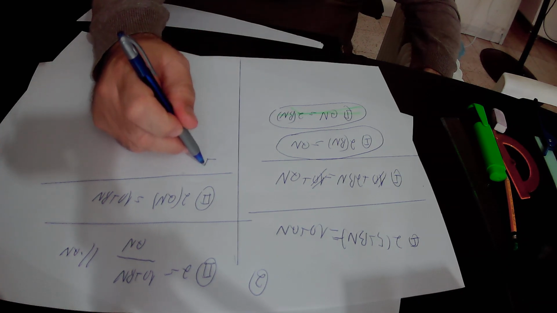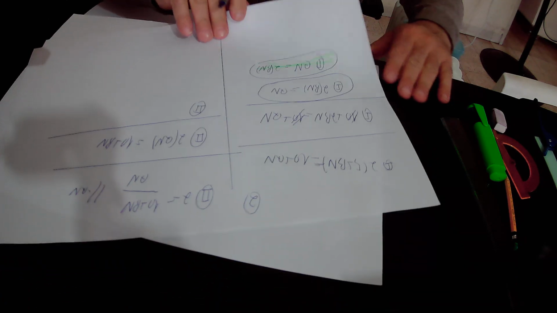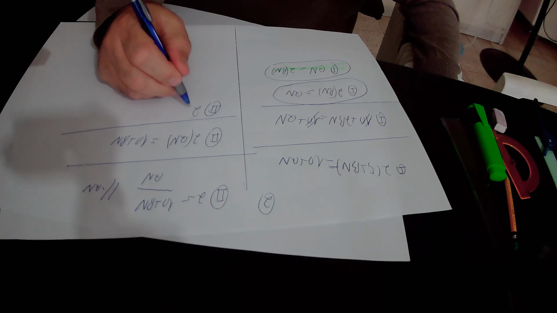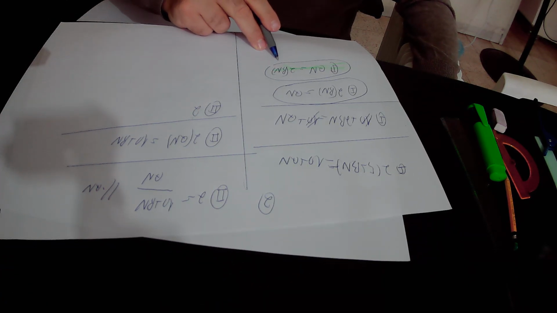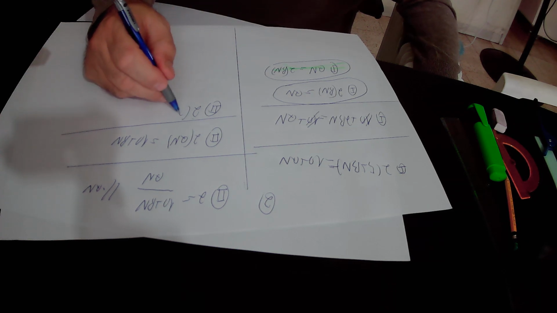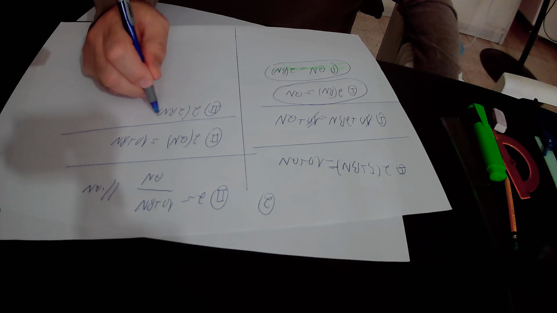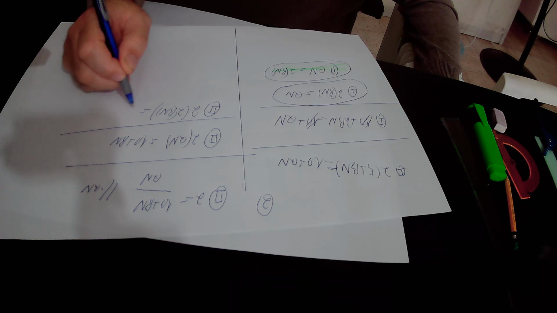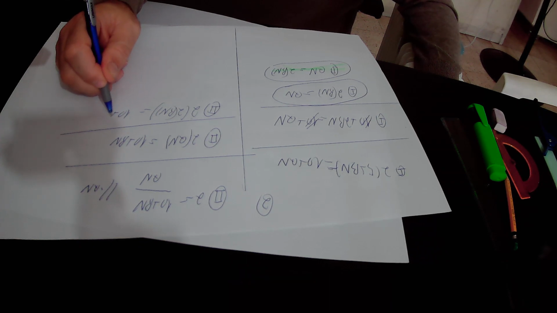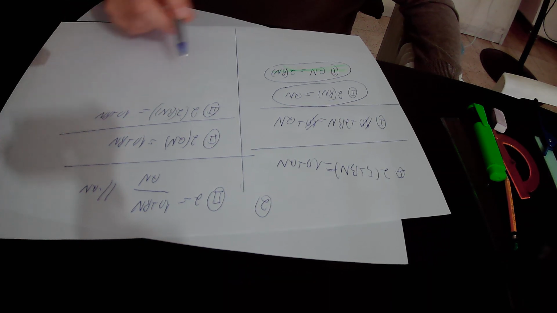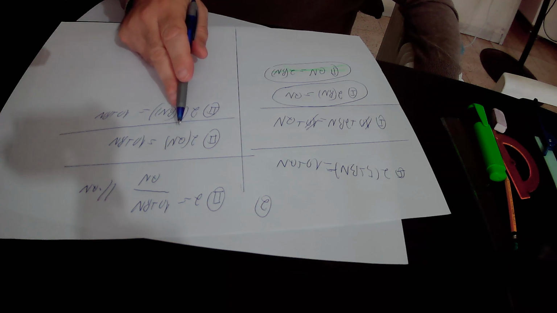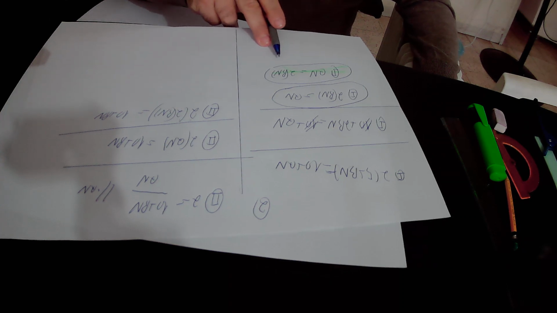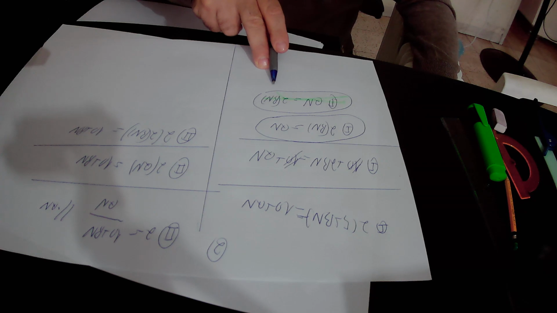We'll get that according to equation number 2, 2 times Qn, as Qn is 2 times Bn, equals 10 plus Bn. We substitute Qn in equation number 2 by 2 times Bn from equation number 1, because Qn equals 2 times Bn.